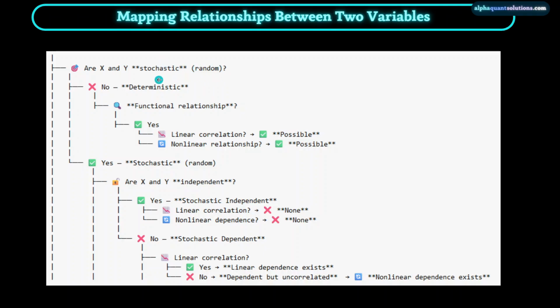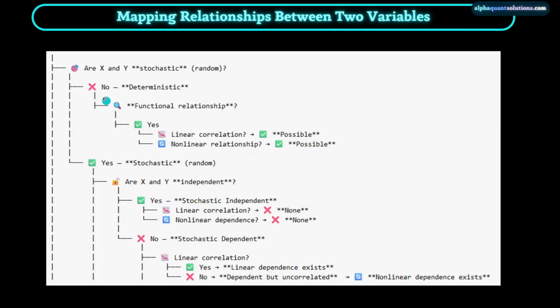If the answer is no, then this means that these two variables are deterministic. Now, the next question we can ask, is there a functional relationship between these two variables? And if the answer is yes, then we could either have a linear correlation between these two variables or a nonlinear relationship between x and y.